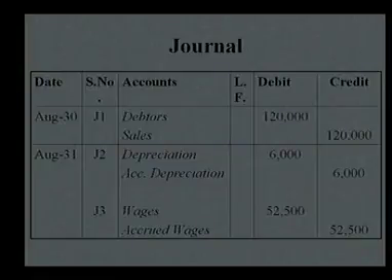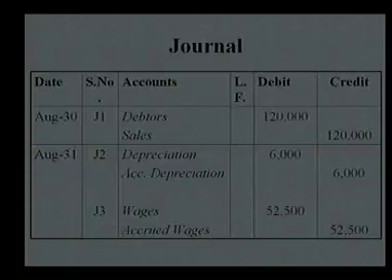Increase in expense is to be recorded in debit side, and accumulated depreciation for that particular month. Accumulated depreciation is the sum of the depreciation for that particular month added to the sum of previous months. Now, accumulated depreciation is a liability. So, you find here that depreciation is recorded under debit side and accumulated depreciation is shown under credit side.